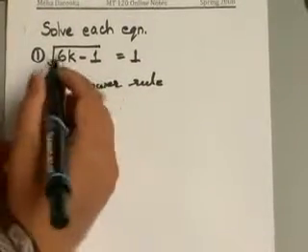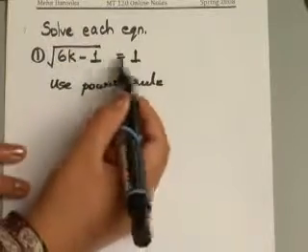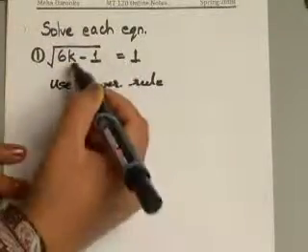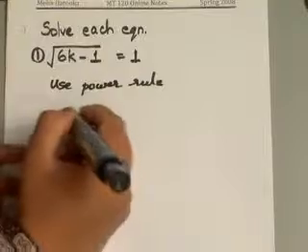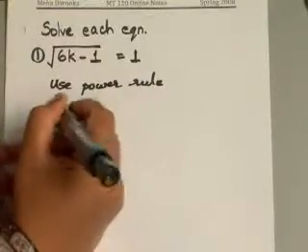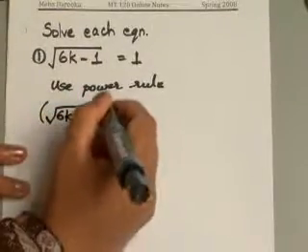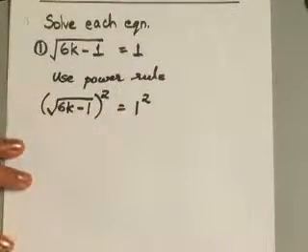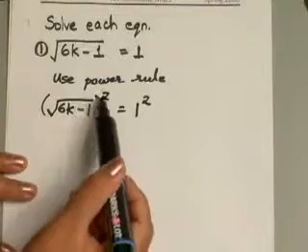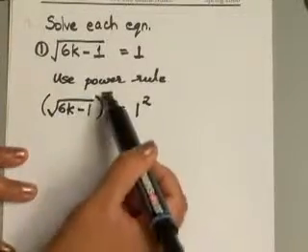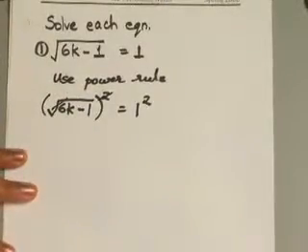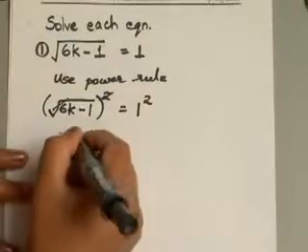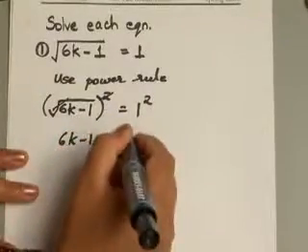By the power rule, we'll go ahead and square both sides of our original equation. Square the left-hand side, square the right-hand side. Now why do we square it? Because the square will cancel out the square root. You want to get rid of that square root symbol, and you will end up with 6k minus 1 equals 1.